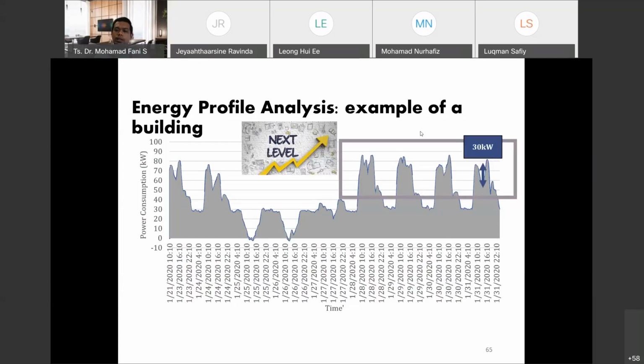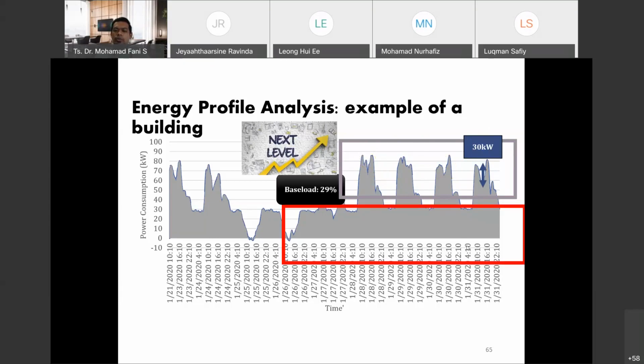Here is a good practice: when staff go for rest time, lunchtime, they shut down their computers and switch off the lighting in the office. So we managed to get very good saving for the maximum demand and the energy consumption as well.